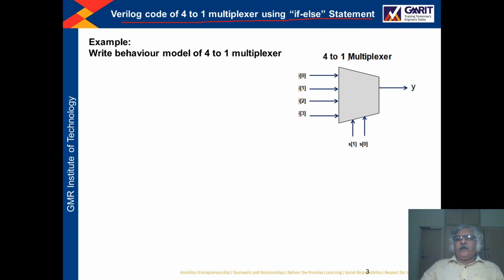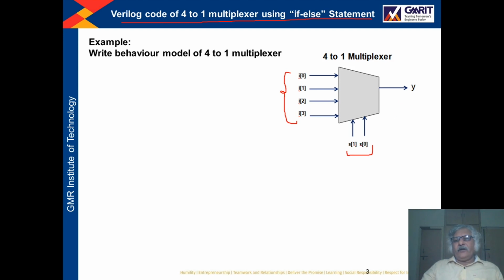So this is our 4 to 1 multiplexer. It has 4 inputs: I0, I1, I2, I3. It has 2 select lines, S1, S0.